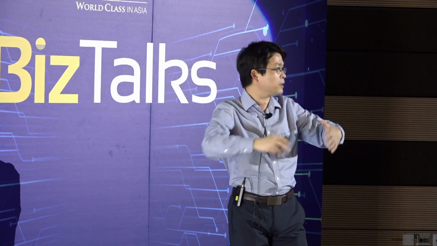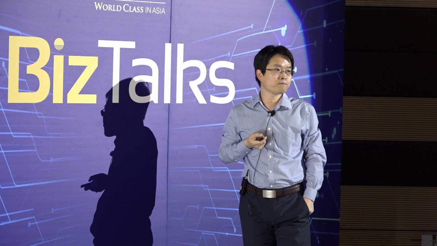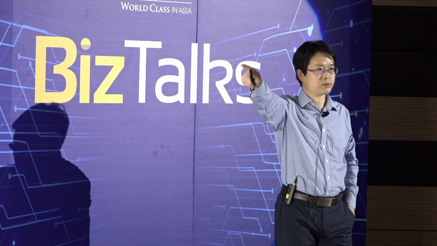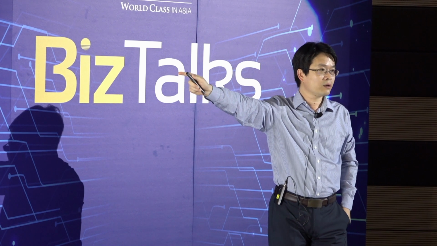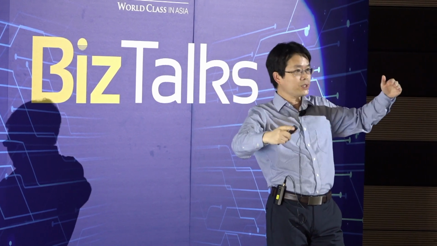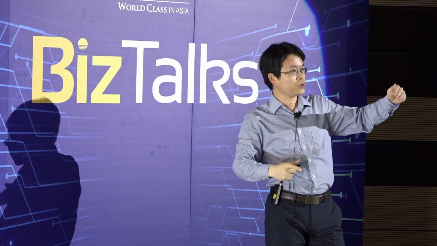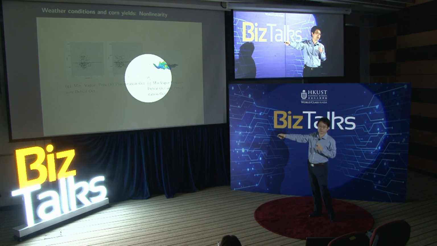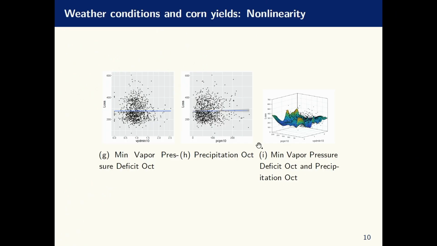But if we combine them into a two-dimensional case, you see a completely different picture. Production loss actually depends on these two variables in a nonlinear way. And that's exactly what we want to capture, right? If you design an index insurance with one variable only, you're going to miss this pattern clearly. So that's how our neural network is able to pick up those details.